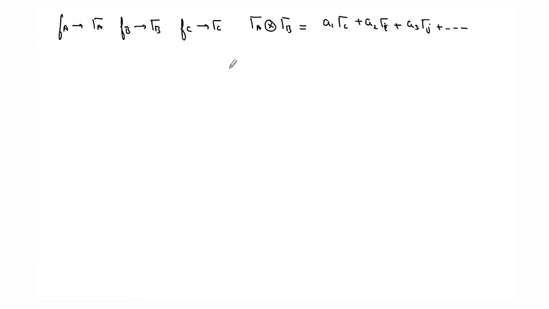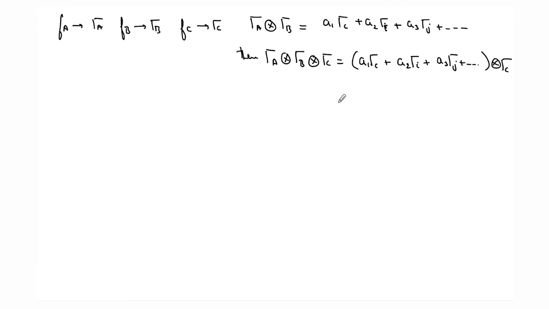So now if we calculate the triple direct product, tau A, tau B, tau C, then this will be A1 tau C plus A2 tau I plus A3 tau J, direct product tau C. Now you see A1 tau C direct product tau C plus A2 tau I tau C, and so on.